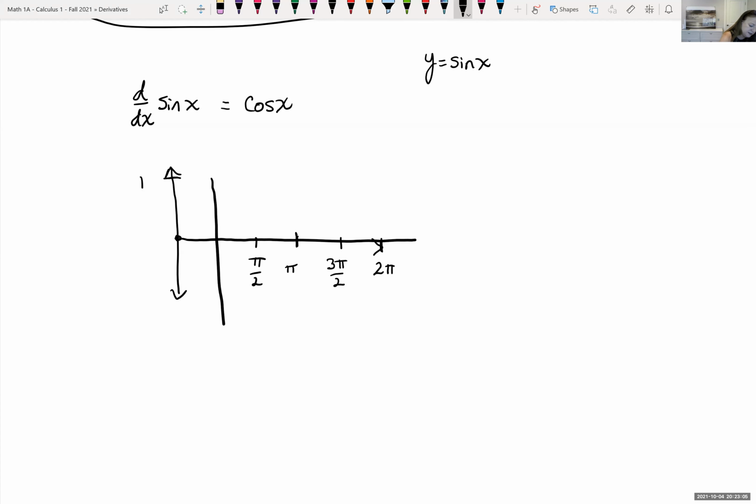Sure, let's do this. Okay. So 0, up to 1, back down to 0, down to -1, back up to 0.